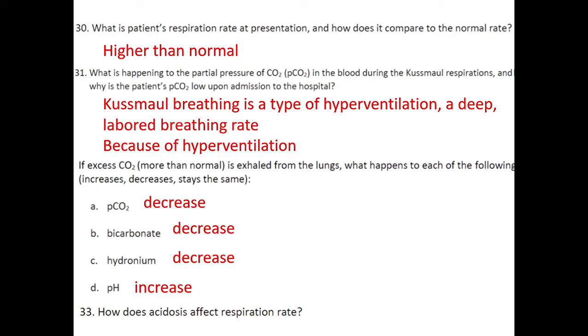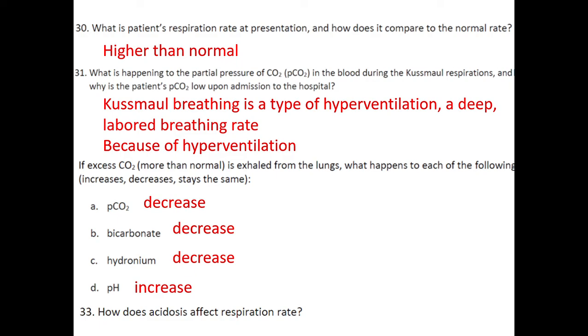So how does acidosis affect respiration rate? This is again a natural response of our system. When we have acidosis, that means we have a low blood pH, and we do want to increase our blood pH. How do we increase our blood pH?